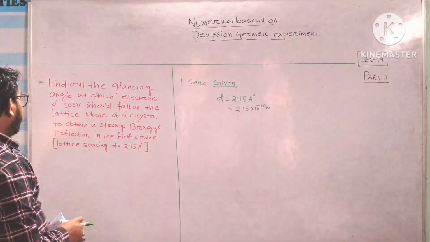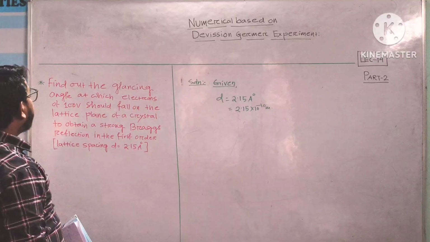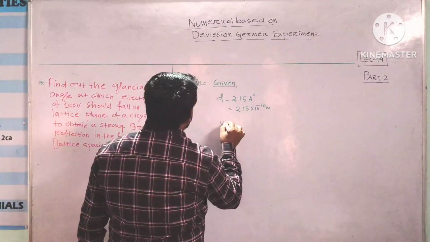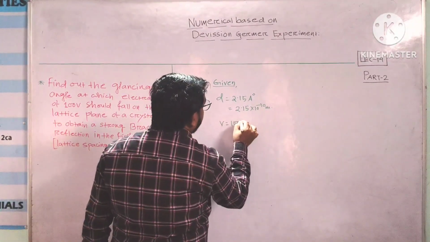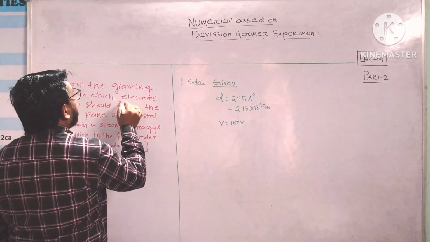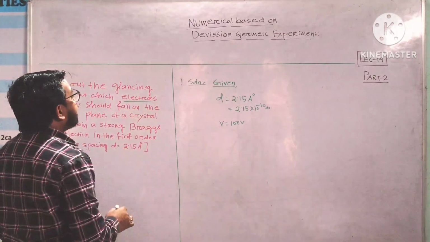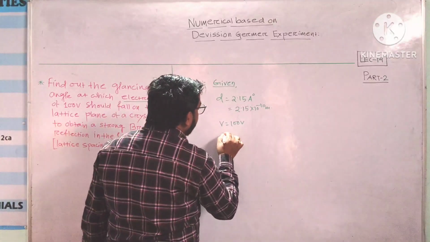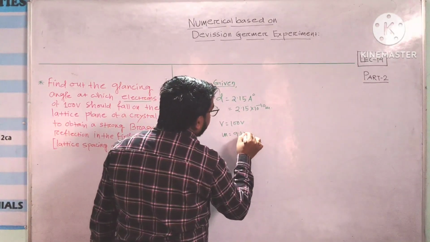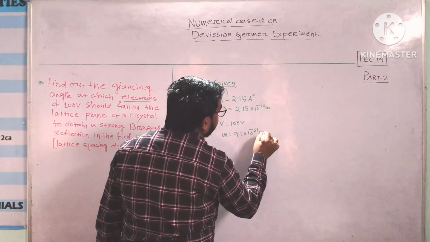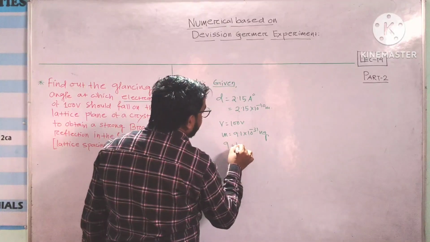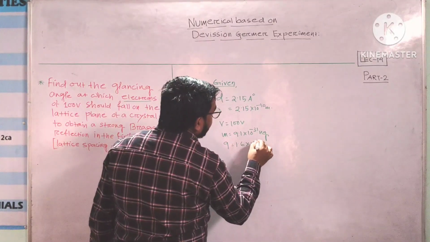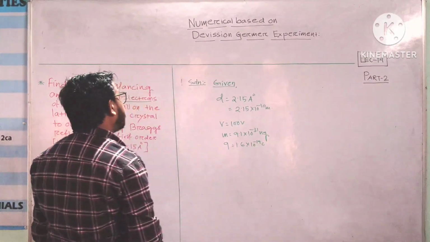And accelerating potential V equal to 100 volt, and the particle is an electron. So the mass of the particle equals 9.1 into 10 to the power minus 31 kg, and the charge of the electron equals 1.6 into 10 to the power minus 19 coulomb.